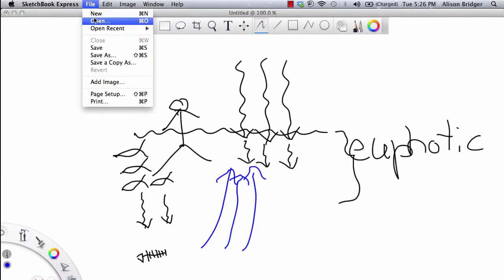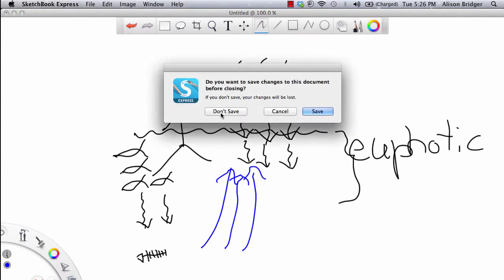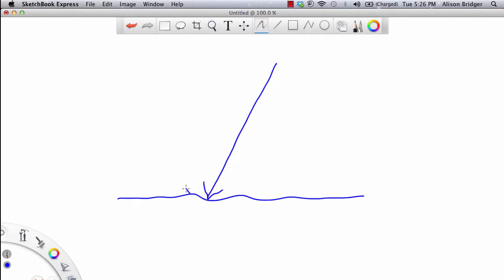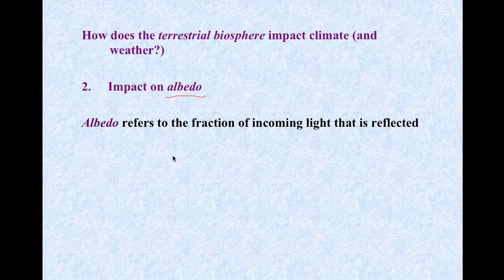If you have the ground like this, and in comes some sunlight, at least a portion of it is going to get reflected. And actually it can get reflected by clouds and so on on the way down. The amount that's reflected is referred to as the albedo.